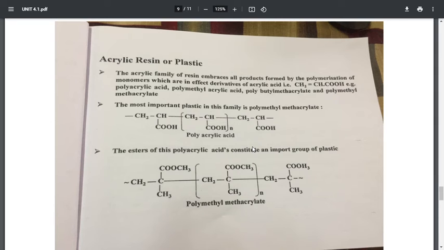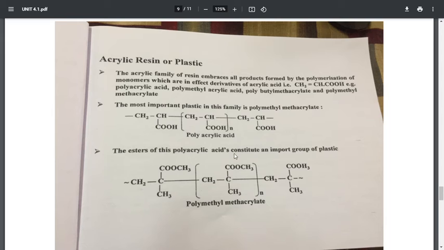Most important plastic in the family is polymethyl methacrylate. If you polymerize the derivative of acrylic acid, you will get polymethyl methacrylate. This is polyacrylic acid.